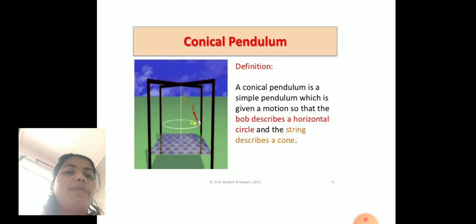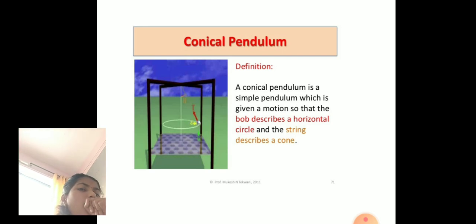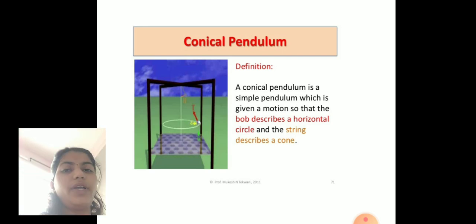Conical pendulum. Definition of conical pendulum: a conical pendulum is a simple pendulum which is given a motion so that the bob describes a horizontal circle and the string describes a cone. In a simple pendulum we have the mean position and extreme position.